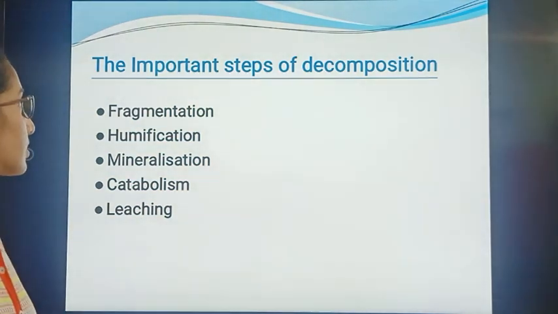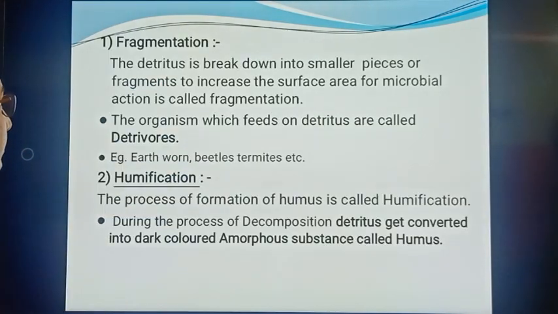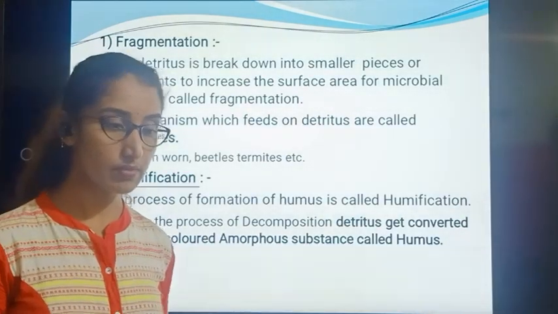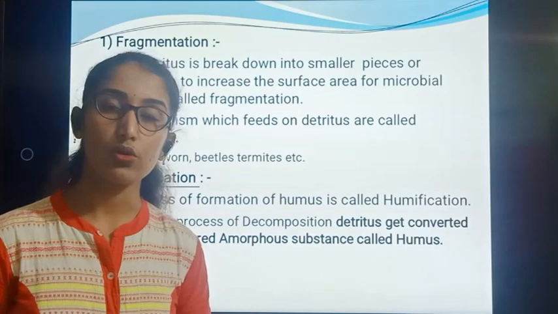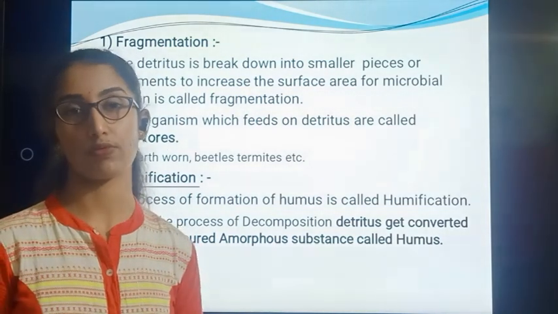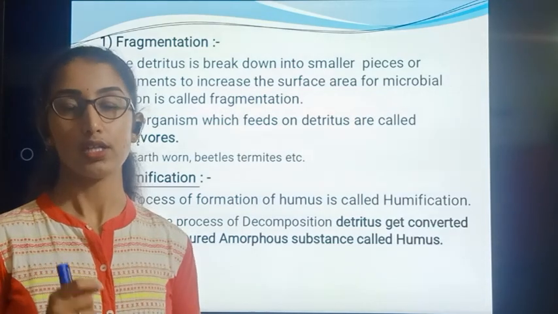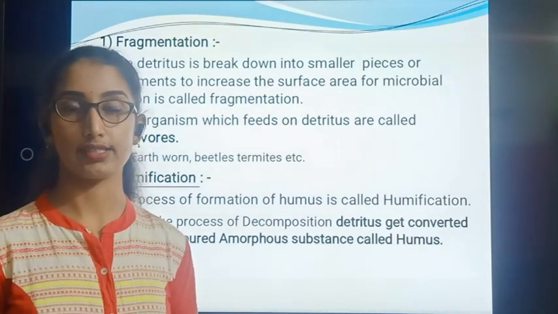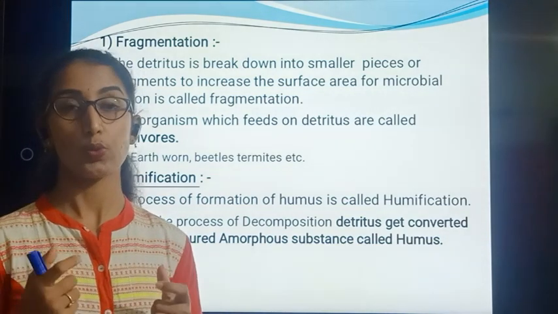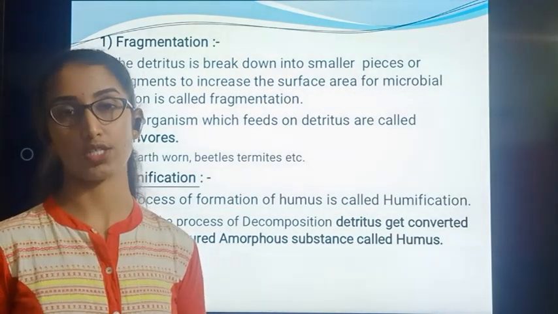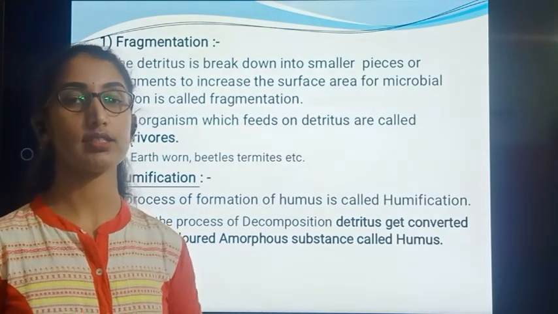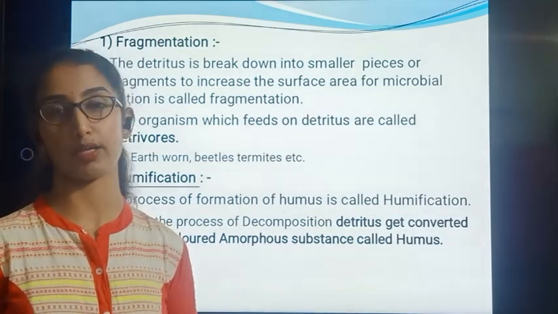Now we shall study one by one in detail. The first one is fragmentation. We already know about fragmentation from the first chapter, reproduction in organisms, where under asexual reproduction we studied fragmentation. We shall brush up our knowledge of what is meant by fragmentation.